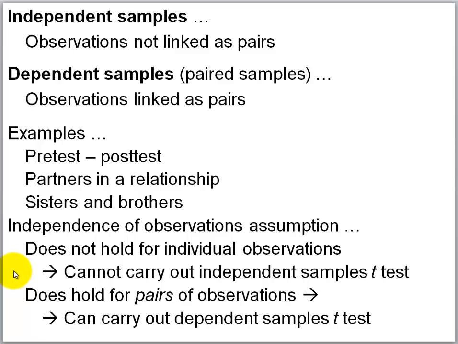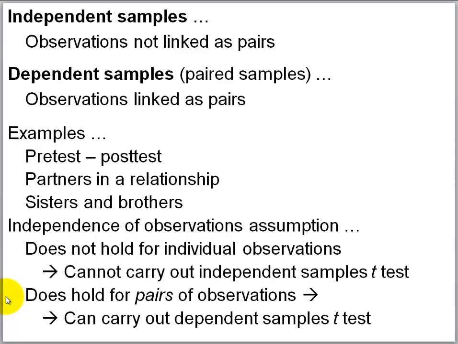So when the independence of observations doesn't hold, as for instance in dependent samples, you cannot carry out an independent samples t-test. Though the independence of observations assumption doesn't hold in paired samples for each individual observation, it does hold for the pairs of observations.